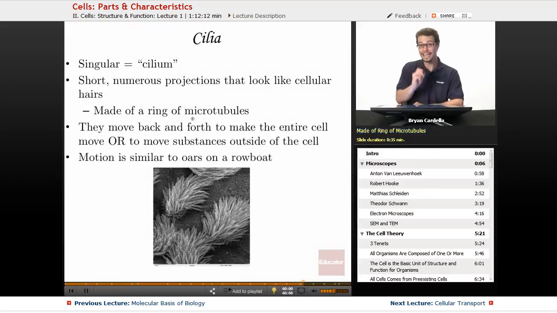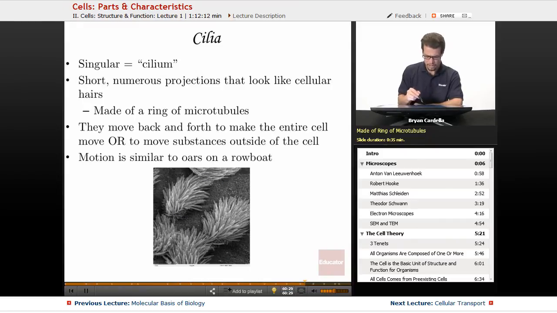Like the centriole units, it's made up of a ring of microtubules. A little bit different structurally, but each one of these little hair-like structures is projecting out of the plasma membrane. And if you look carefully, I can see little dots here. All those little dots in this drawing, those are phospholipid heads, the phosphate heads, part of that phospholipid unit.